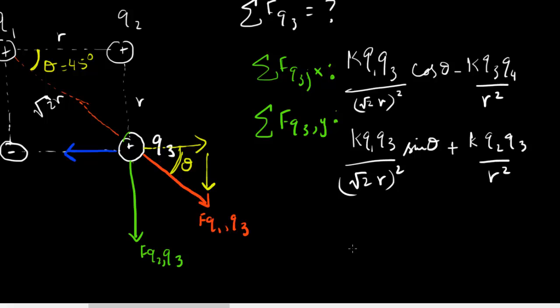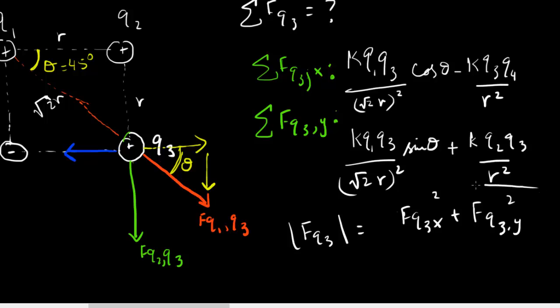If you wanted to find the magnitude of the force on q3, that would be the x component that we found plus the y component that we found, square root, Pythagorean, right?